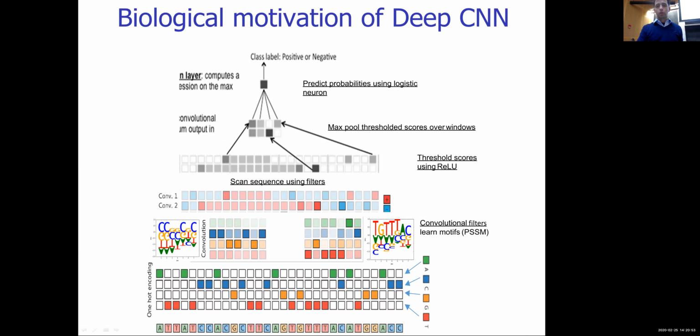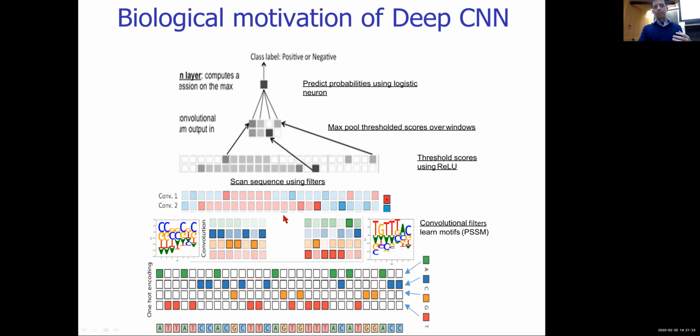So you can use these artificial neurons to represent these motifs and then scan them across your sequence, okay? So here's the overall architecture. At the bottom, I have my DNA sequence. Then I transform it into a one hot encoding, which has this 4-dimensional input at every location. And then I have these convolutional filters that are reused. It's a common set of parameters that I bring in each time. And this is where I can learn these parameters at the same time that I'm learning how to predict my sequence.